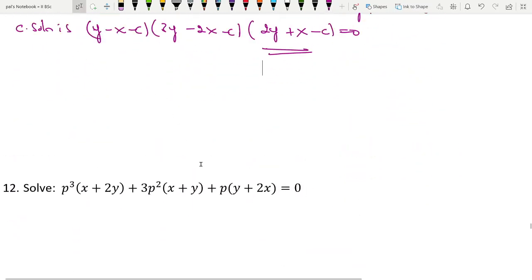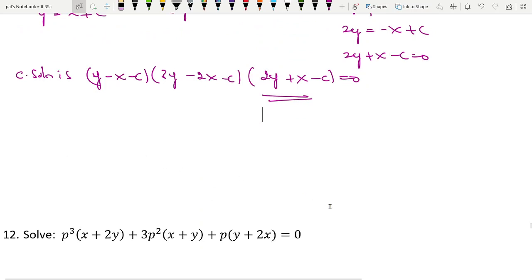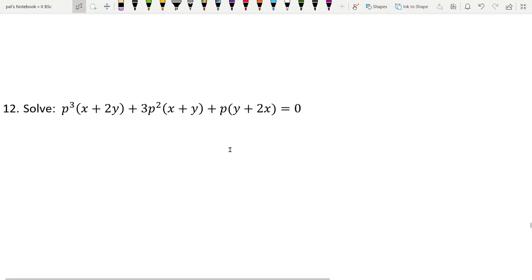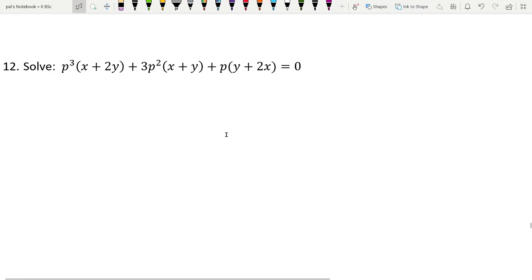Okay, one more example of the same type. As you see this example, to solve this one, we have to find the 3 factors because it is a cubic equation. So 3 linear factors are needed, and of course it is easy.